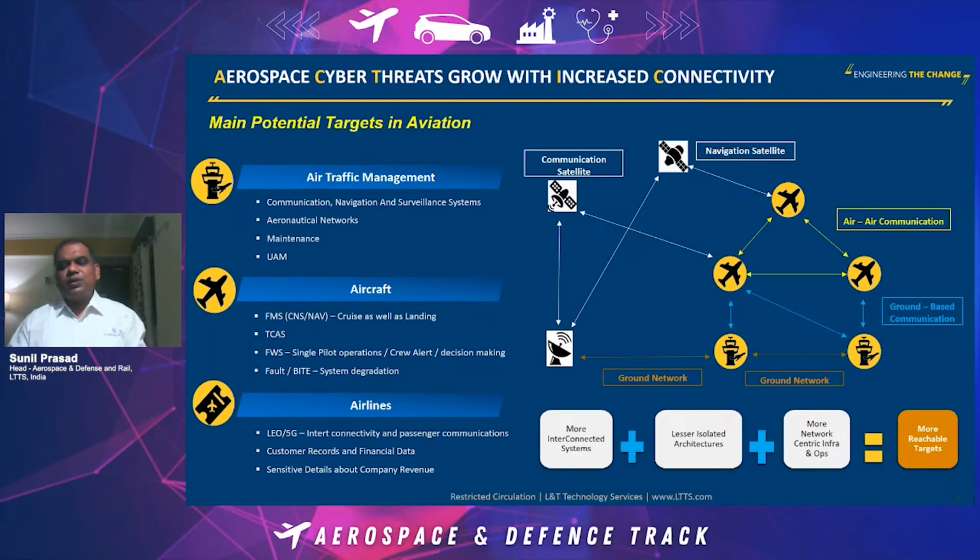There are more reachable targets from a security perspective. So how do we go about it, what has the aviation community thought about, how do we secure it, what is the level of security that is really required, and how do we secure all of these systems?